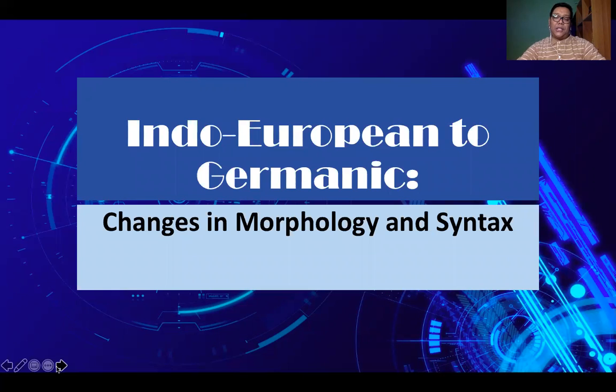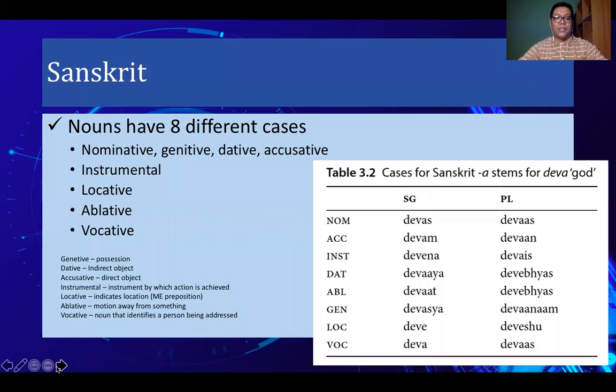Apart from the changes when it comes to phonology or sounds, it's also good to discuss the Indo-European to Germanic changes when it comes to morphology or word formation, and syntax or sentence structures. One good example for this is the language Sanskrit. In this language, nouns have 8 different cases.